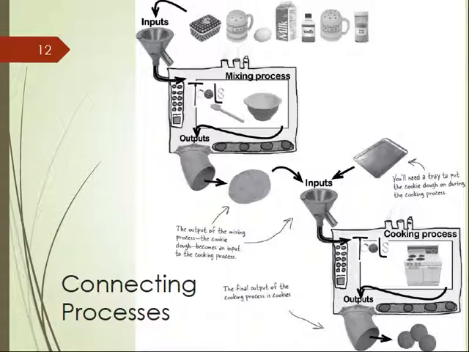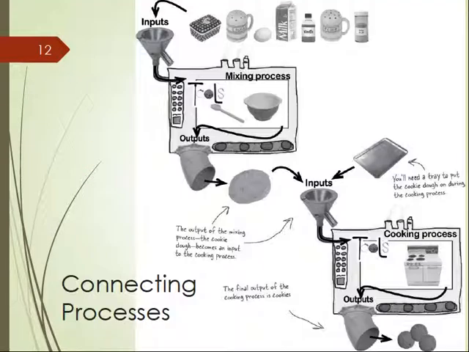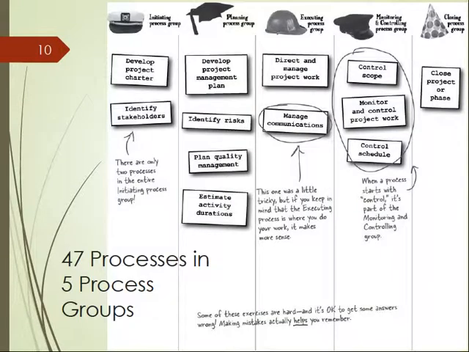And how are these processes related? For example, we have a total of 47 processes in PMBOK, and they are related.